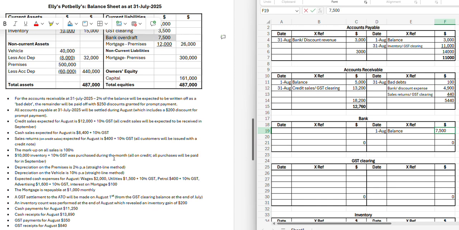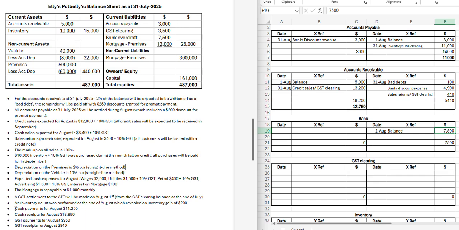Now, if we look right down the bottom here, we've got cash payments forecasted for August are 11,250. So those cash payments, which is made up of some of the detail here for wages, utilities, petrol, etc., mortgage, that type of thing, all of that's been combined into this one entry. So we only need one entry for all our payments, 11,250. These payments are reducing our bank balance.